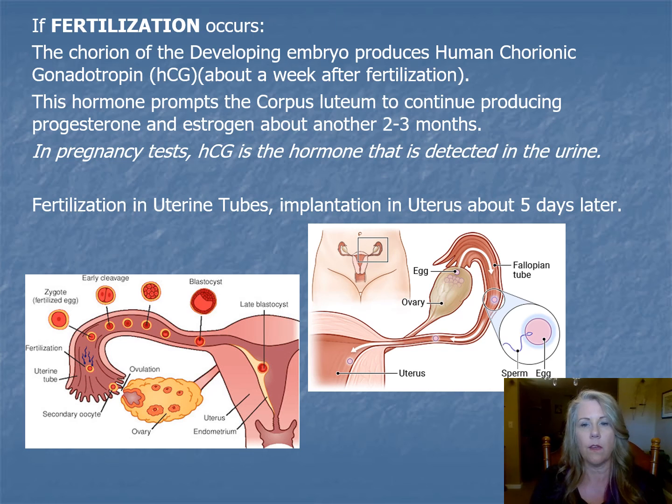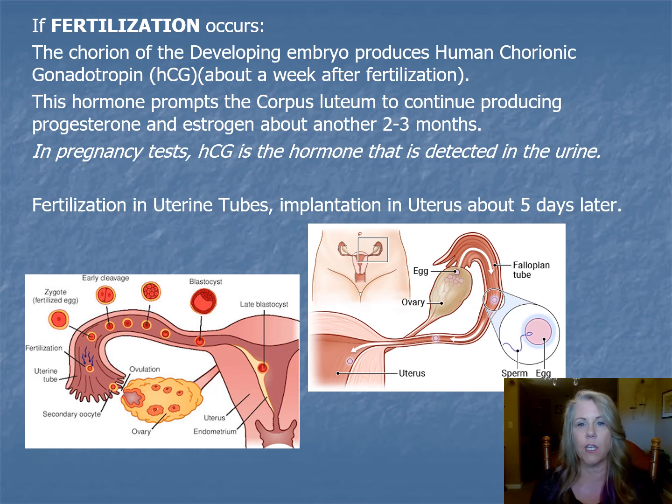So this is a hormone that goes into the blood. Now this hormone has its target at the corpus luteum. This hormone prompts the corpus luteum to continue producing progesterone and estrogen for about another 2 to 3 months. Let's remember what that estrogen and progesterone was doing, right?